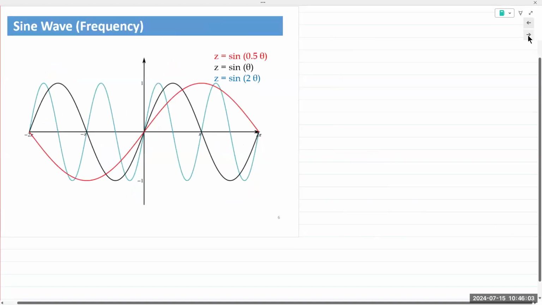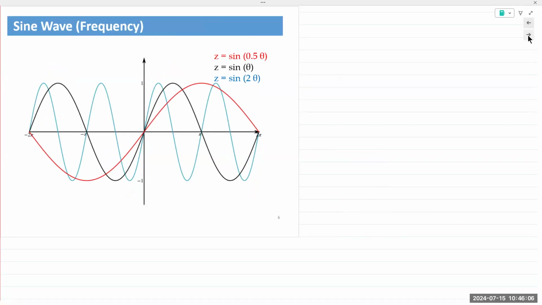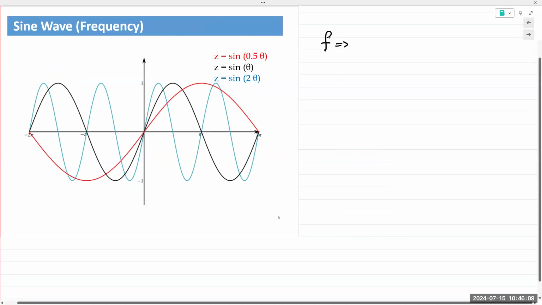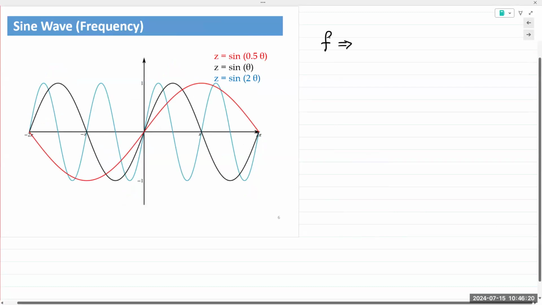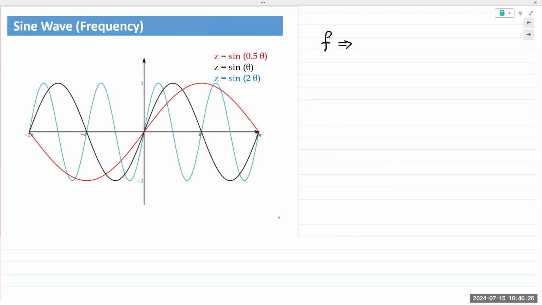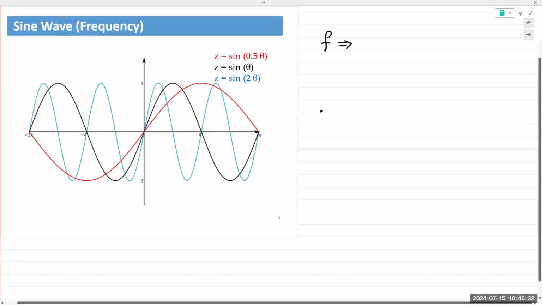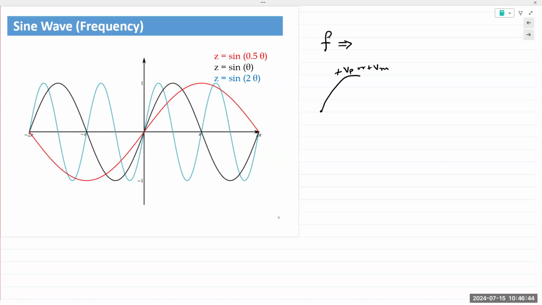All right, then let's talk about frequency. Frequency is noted by lowercase f. It basically tells you how frequently the waveform cycles through a positive and a negative peak in 1 second. So a waveform starts at 0, goes to its positive peak, so plus Vp or plus Vm. And now I'm just using the voltage V to describe this, but it applies equally to I also.